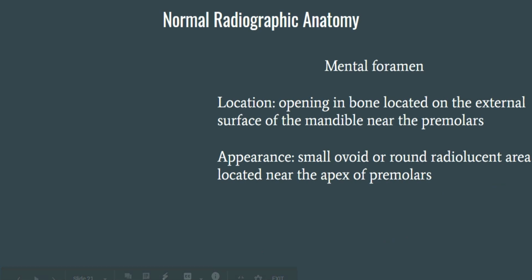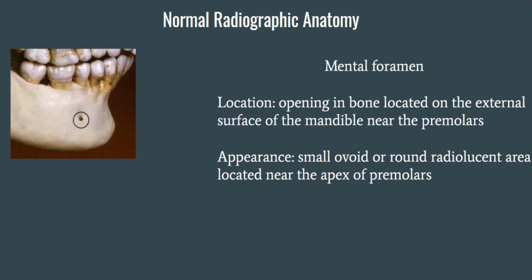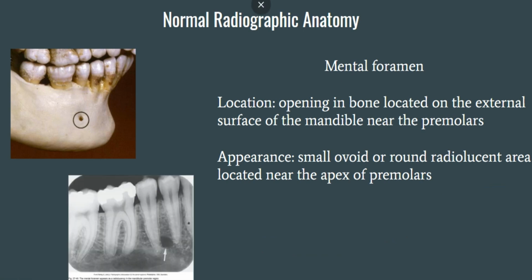The mental foramen is an opening in the bone, and it's on the external surface of the mandible near the premolars. So on the exterior portion near the premolars. And on a radiograph, it's going to be a small oval or ovoid or round radiolucent area near the apex.